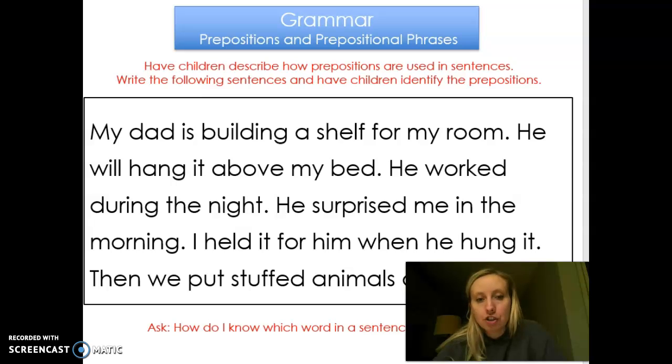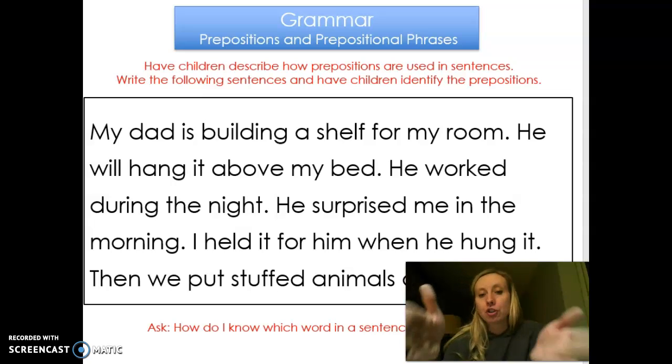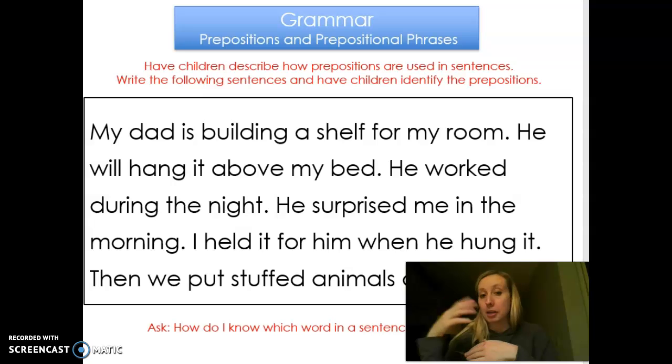He worked during the night. When did he work? Well, we know it's the night, but during the night. So it's not at the beginning of the night, it's not at the end, it's during the night, in the middle. He surprised me in the morning. So when? In the morning. Morning's the thing.